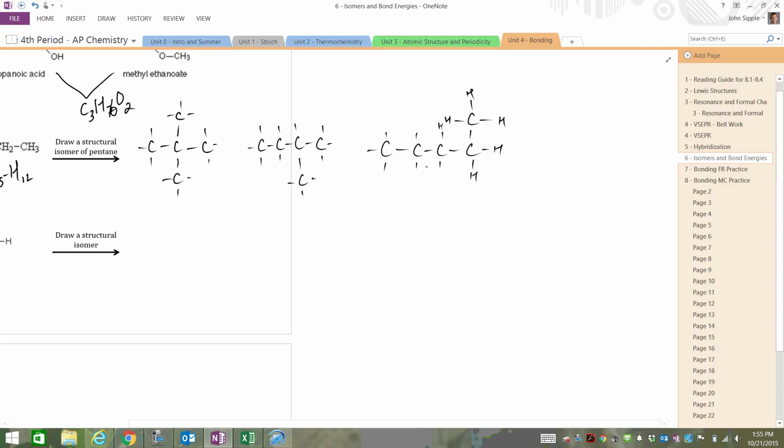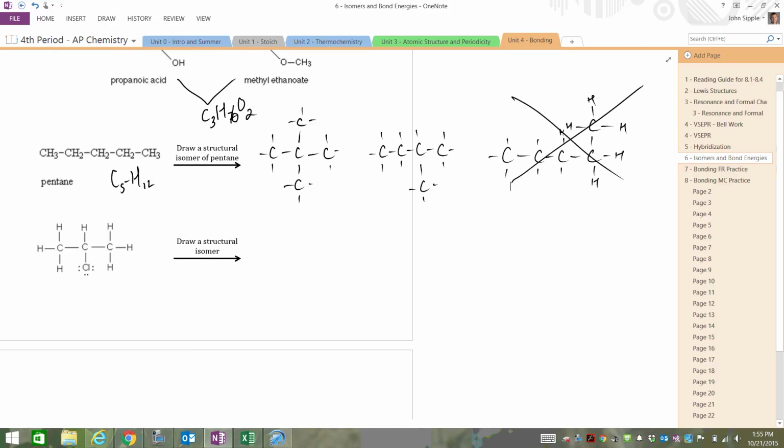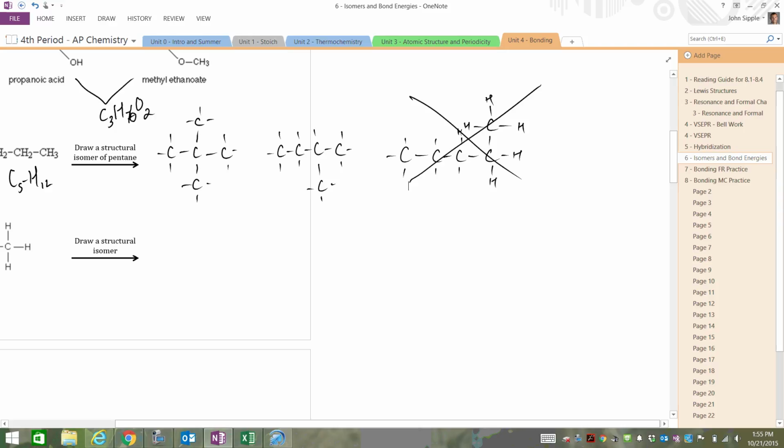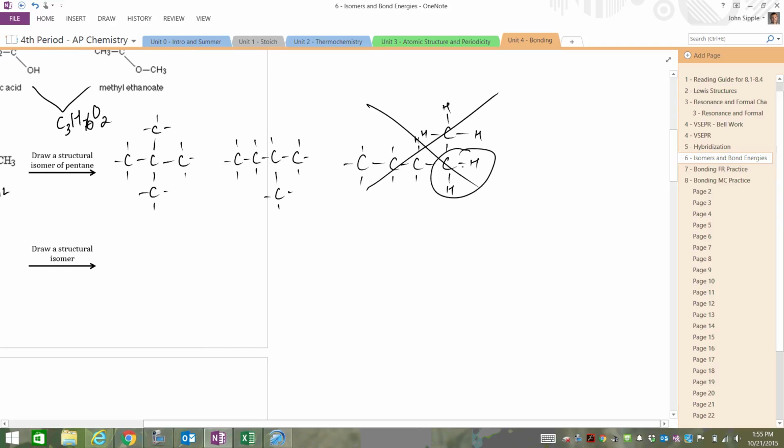This is not an example of an isomer. It's the same as the structure that we started with, the same as this one right here. Even though I drew that carbon coming up out of that one, this is still CH2, and that fourth carbon is still CH2.